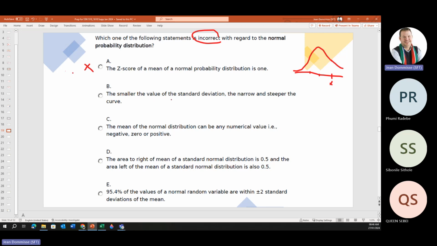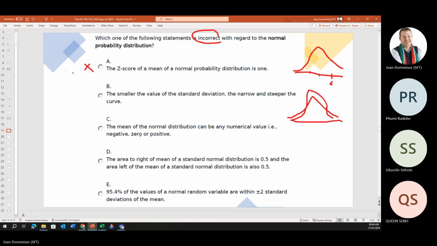The smaller the value of a standard deviation, the narrower and steeper the curve. Okay, so let's say this is the normal distribution with a standard deviation of 2. So if I change that standard deviation to 1, the curve would suddenly become a bit steeper and a bit narrower.